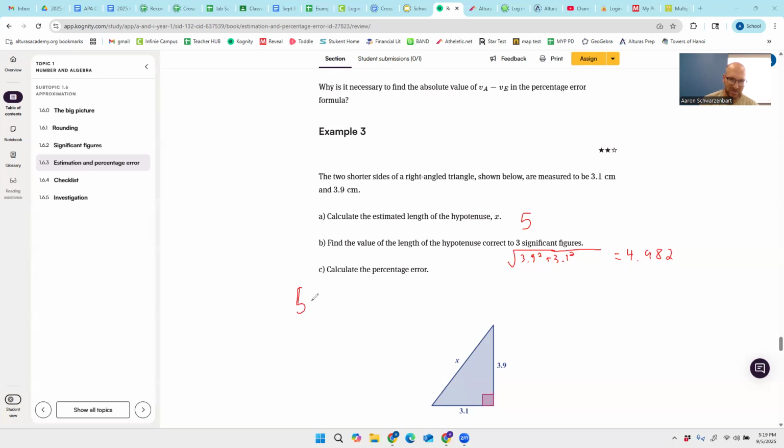My estimate was 5. This gives me 0.00361 or 0.361%. Your percent error should be a percent.